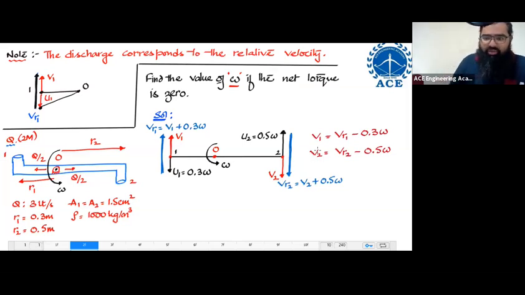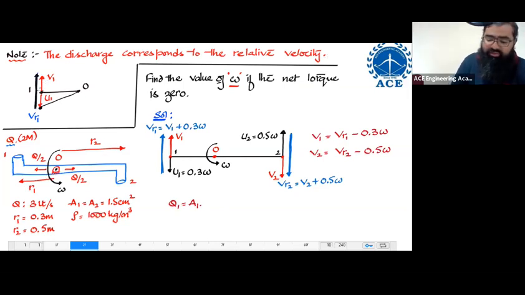Now, second part over here is to develop the value of VR1 and VR2 from discharge concept. We know that the value of discharge has to be equal to area multiplied to which velocity I told you. The discharge corresponds to which velocity? Relative velocity.